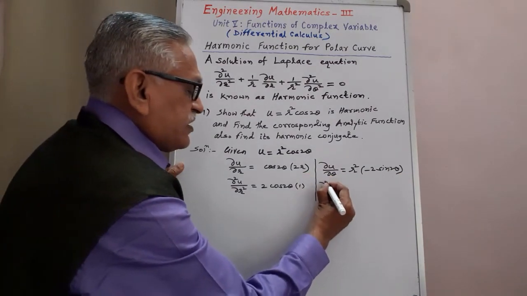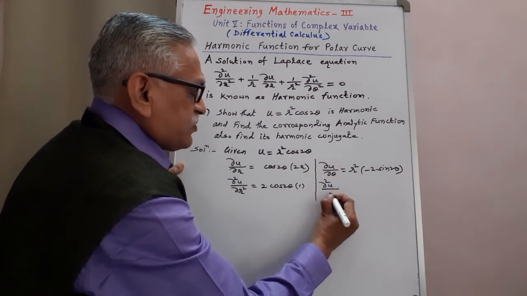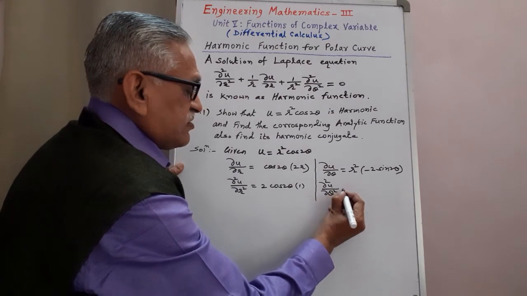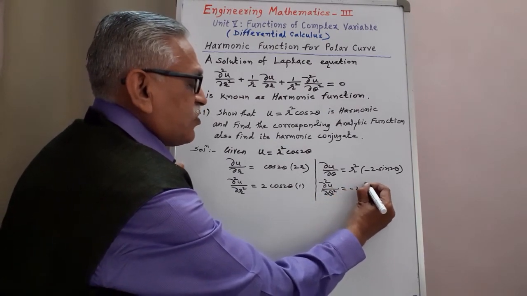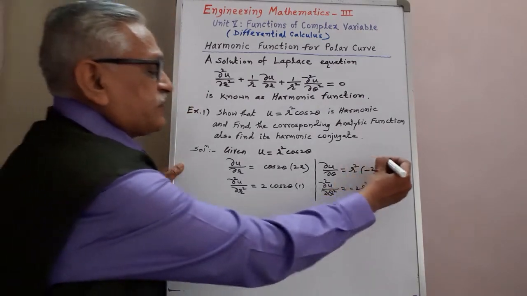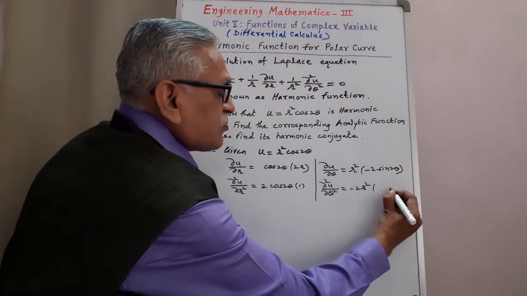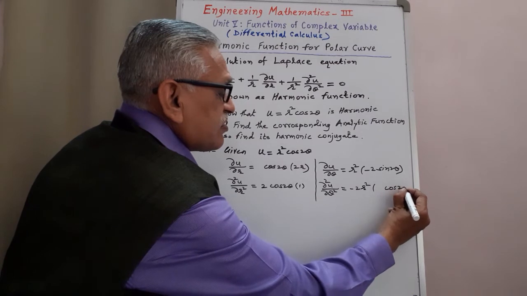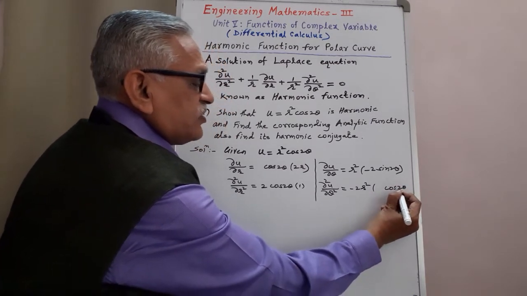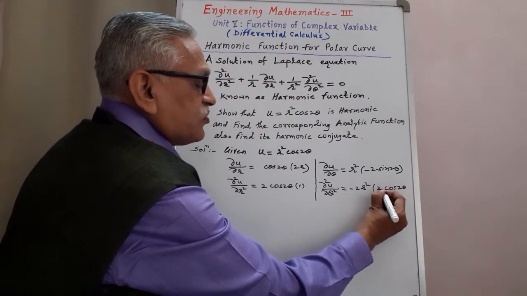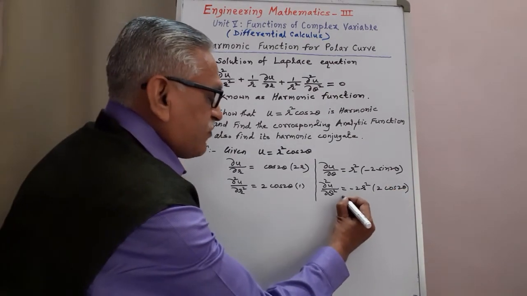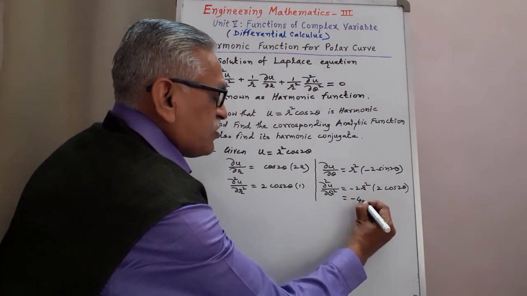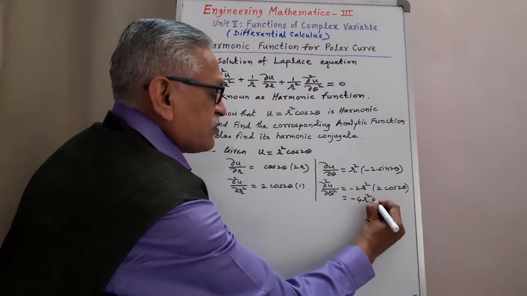Again differentiating it with respect to θ, we get minus 2r² constant term, derivative of sin is cos 2θ, and chain rule, derivative of 2θ is 2 with respect to θ, and therefore that value is minus 4r² cos 2θ.